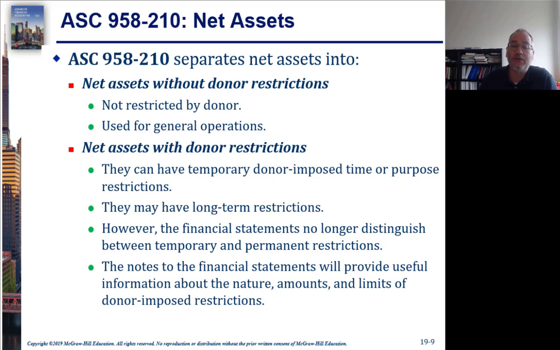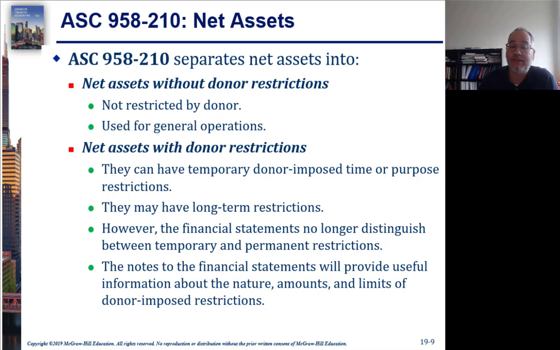But sometimes donors give the organization some assets, and they say this is for this or this is for that. Whenever you have some kind of donor restriction, that asset needs to be categorized into the group net assets with donor restrictions. So these two sections of net assets, they're not using the term fund here, but this system is identical to the fund accounting system we saw with governmental accounting.